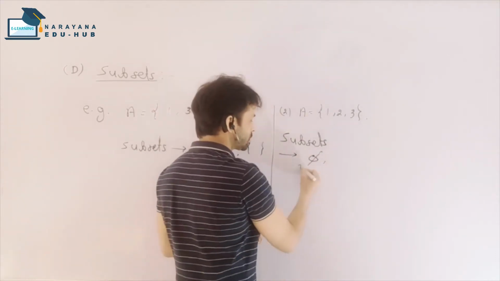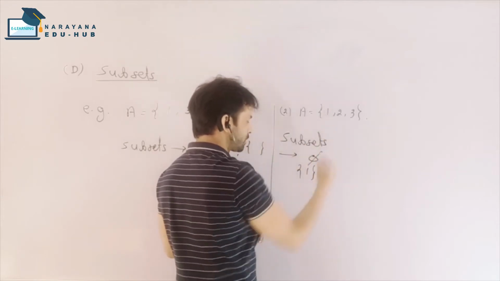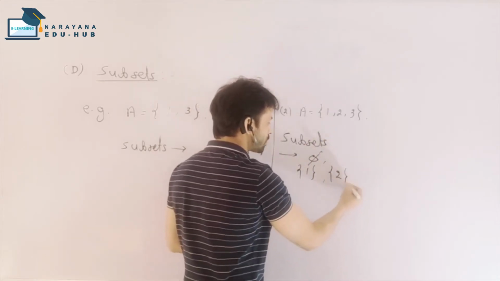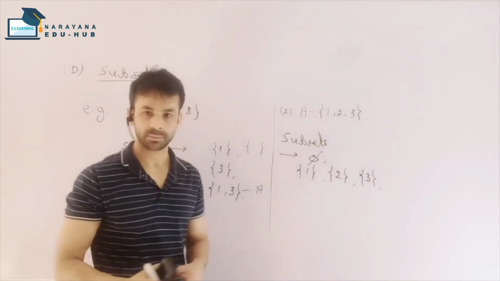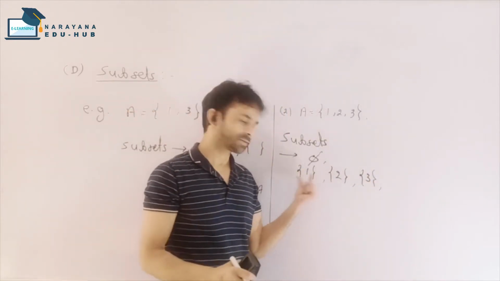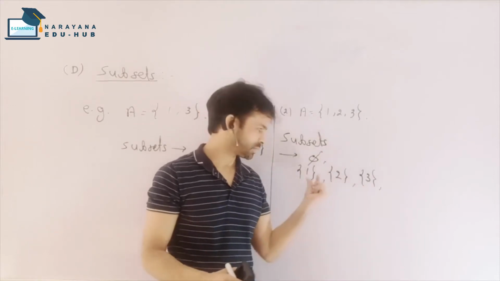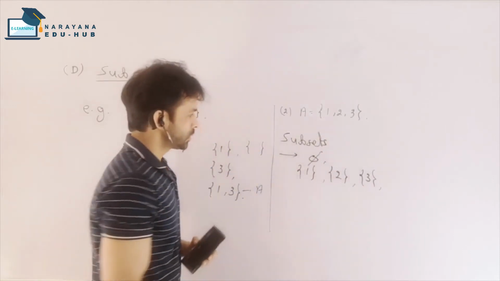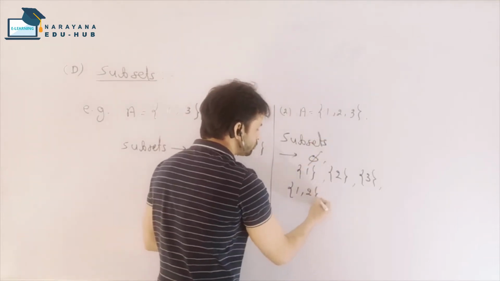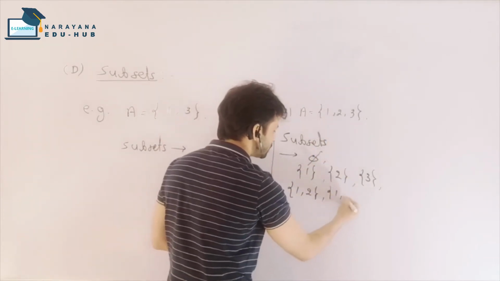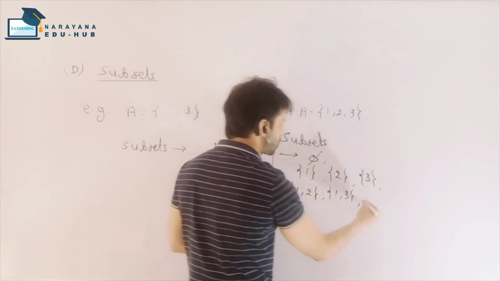Then set of 1, set of 2, set of 3, 1 element. Singleton sets, as you know, 1 element means singleton set. Then we can make some subsets having 2 elements. So 1, 2, 1, 3, 2, 3.